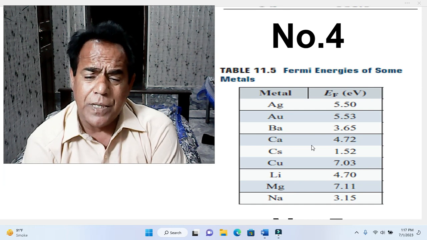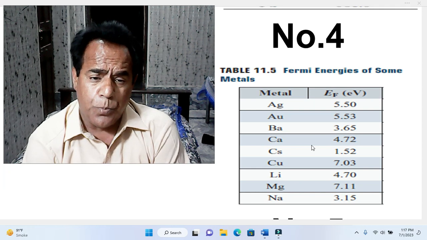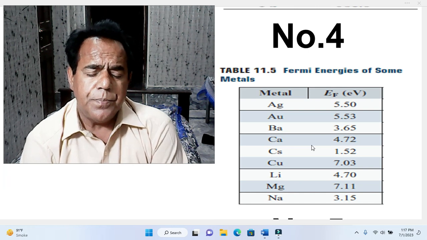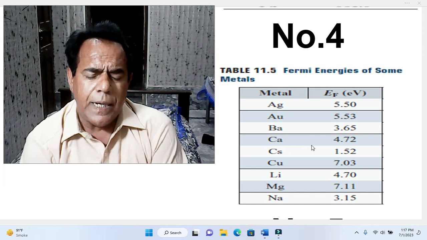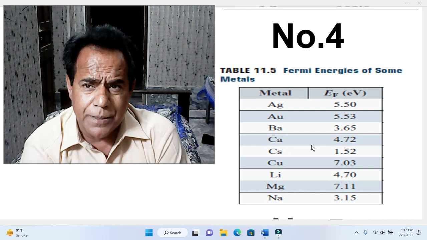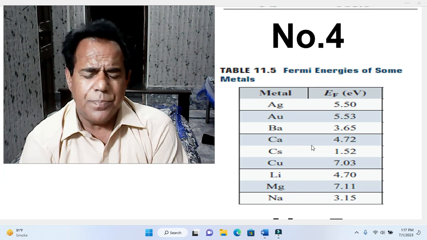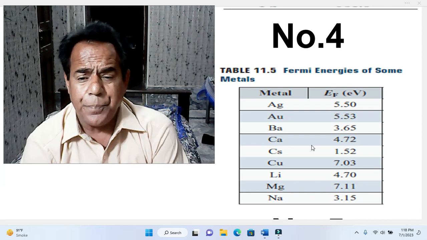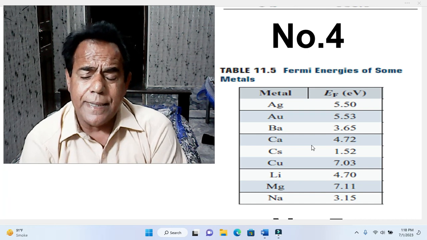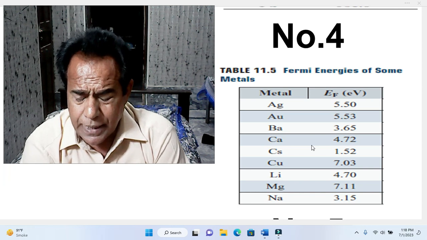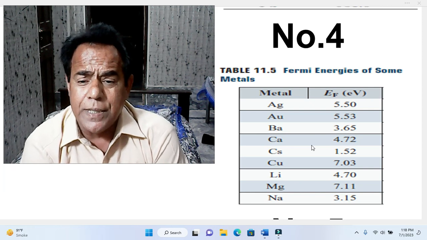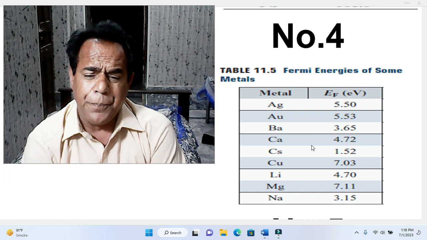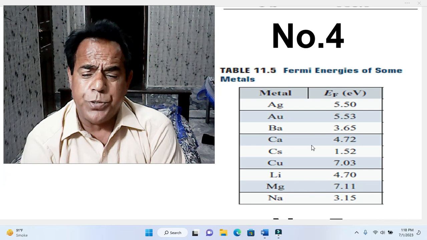Dear students, if we compare such a table in various books of modern physics, like Modern Physics by Kenneth S. Crane, by Arthur Beiser, by Paul A. Tipler, by Andrew Rex and Stephen T. Thornton, by Randy Harris, by Moyer, Moses, Raymond Serway, then we come to conclude that this value, the Fermi energy of copper, varies from about 6.9 to 7.5.